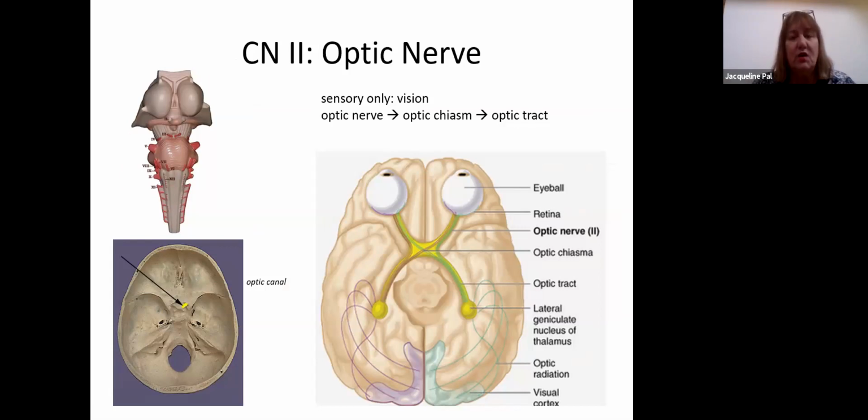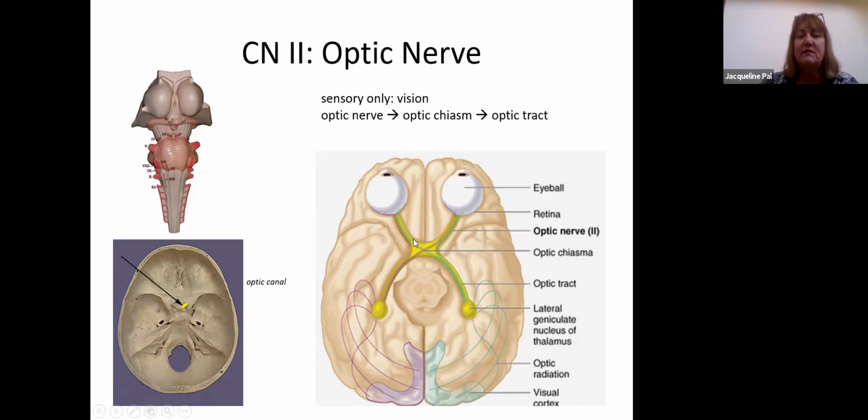And this one is also only sensory, but this time it's the sense of vision. So this nerve originates at the back of the eyeball. Okay. And it has fibers coming from both sides of the eyeball, and they are in the optic nerve.